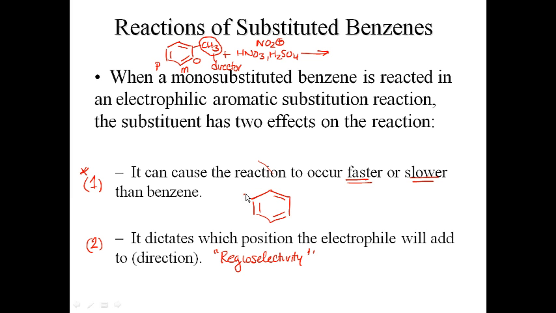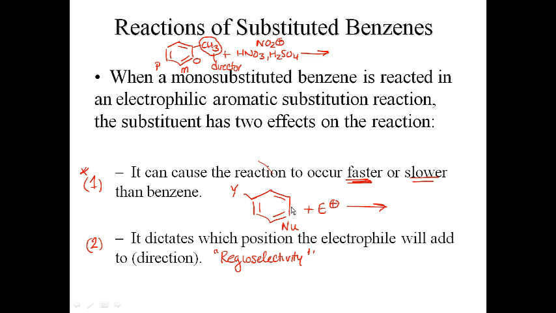I'm going to put a Y group here, just a generic Y group. So this is a nucleophile, and it's going to react with our electrophile. How can I make the ring react faster with the electrophile? If you said make the ring a better nucleophile, you're right, but how do I make this a better nucleophile?